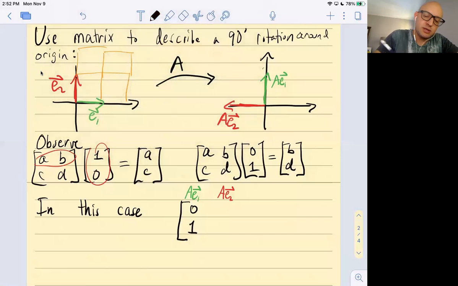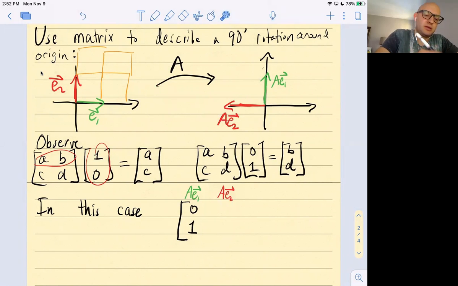Can anyone tell me what the coordinates are for A E2? What should I put in this column? Not 1, 0. What are the coordinates of the vector that points to the left? It's close. It's not 1, 0, but negative 1, 0.